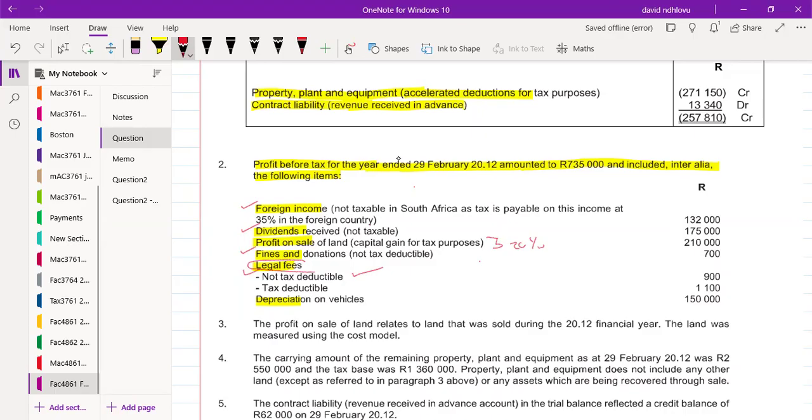The one that is tax deductible is not going to represent a difference. For legal fees, donations, such things, you look for where it says not tax deductible. That's what represents a difference. But the deductible portion does not bring a difference.